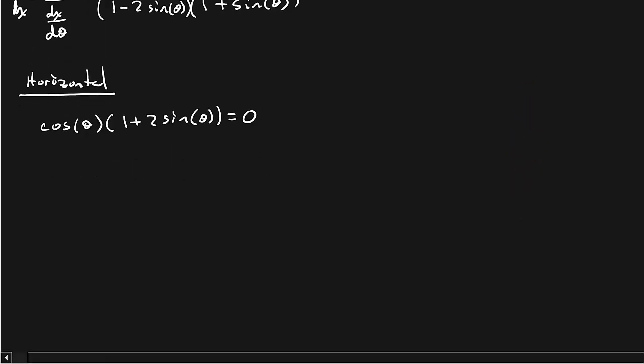If you don't, I will work this one out and show you how to do it. I'm not going to go through and do all the trig and the dx d theta, but it will be done similar. Okay, so we got it factored. So we say, okay, cosine theta equals 0 or 1 plus 2 sine theta equals 0.